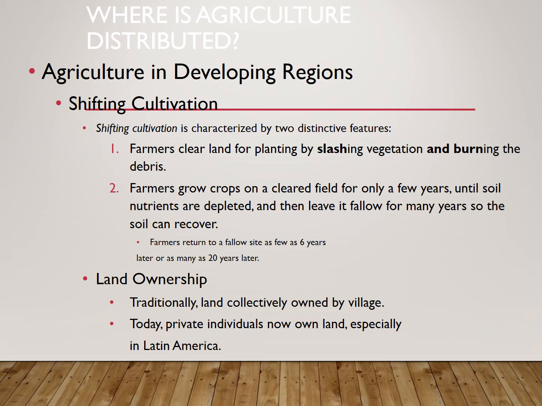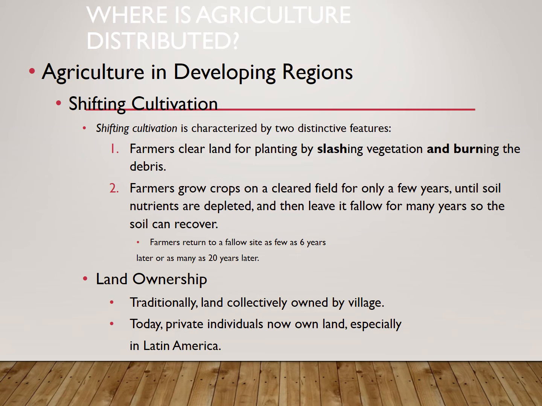When the nutrients get depleted from that soil, they move on to somewhere else. And so this is called leaving the land fallow. You've got to just kind of leave it alone until the nutrients get back into that. And then you can go farm on it again. They might do this for 6 years or as many as 20 years.